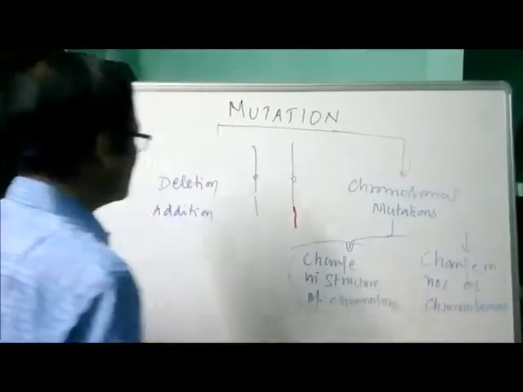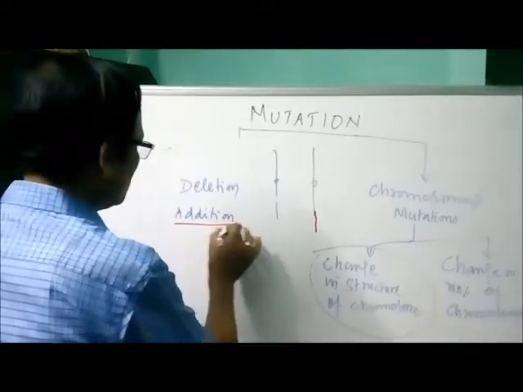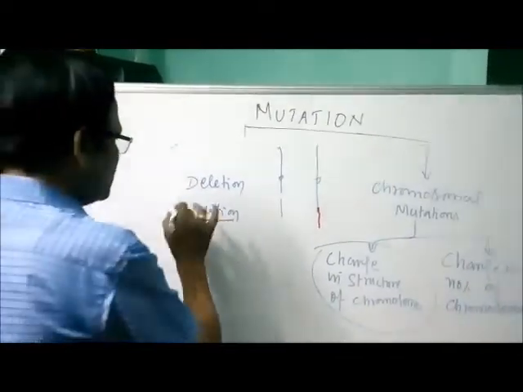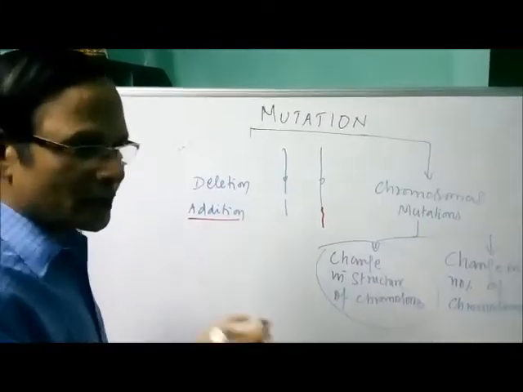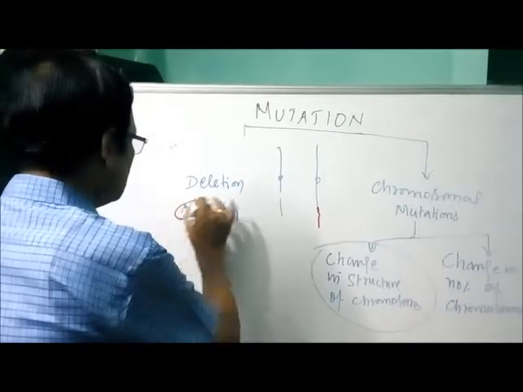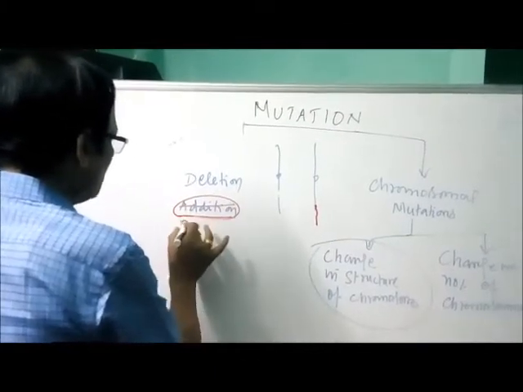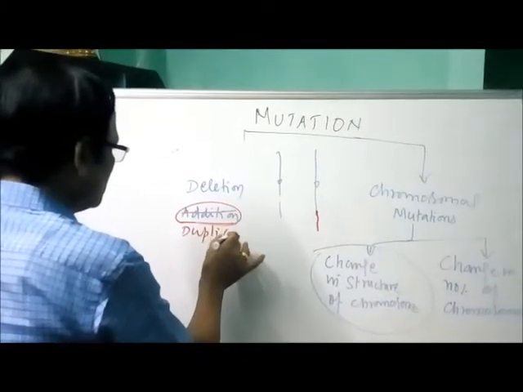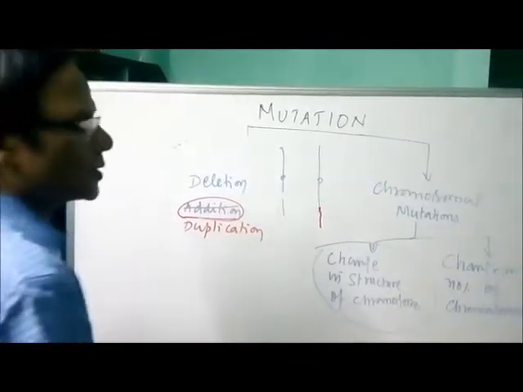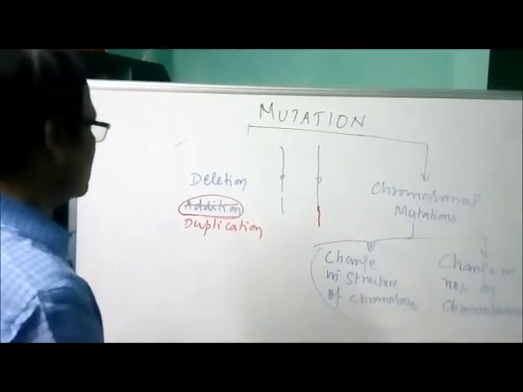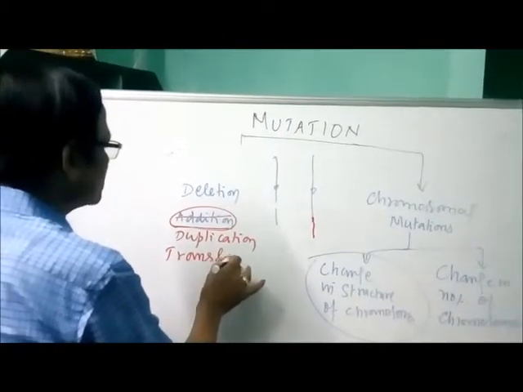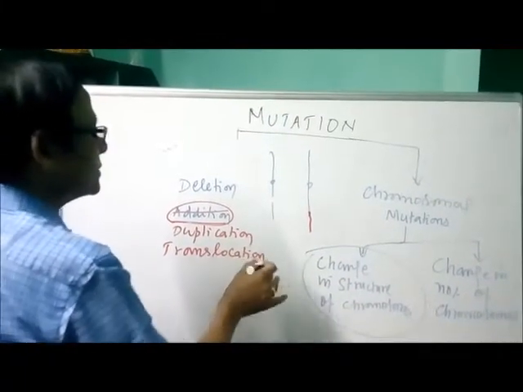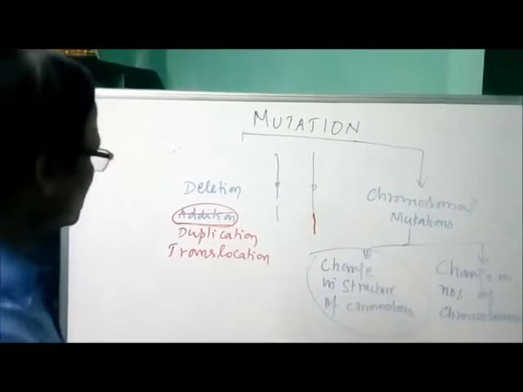This is what is called addition. As a result, a particular part of the chromosome is being represented twice, and this is also called duplication. In some cases, we have what is called translocation. So these are all the methods by which change in structure of chromosomes occur.